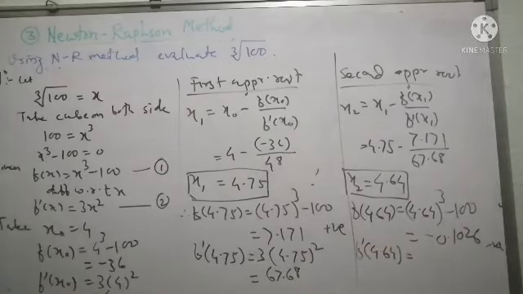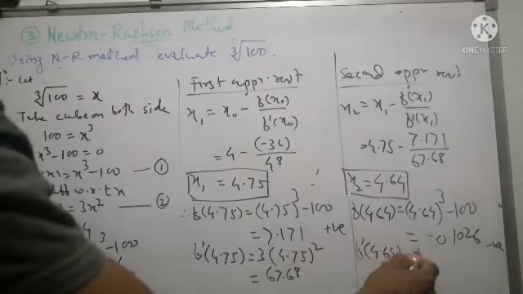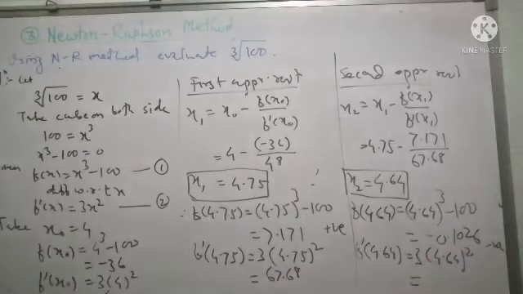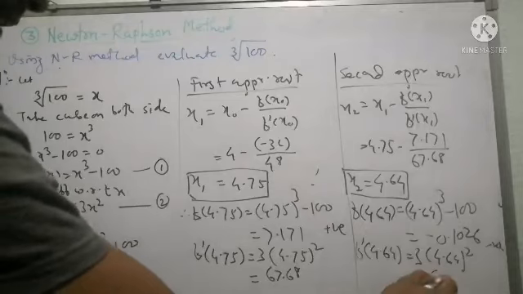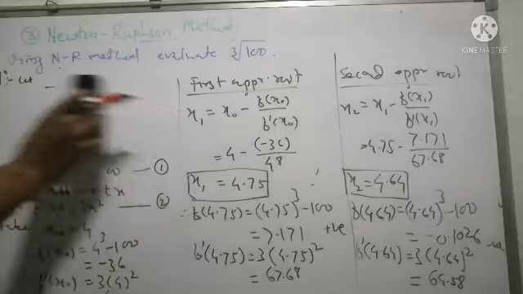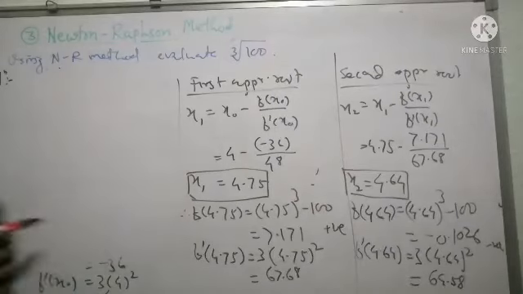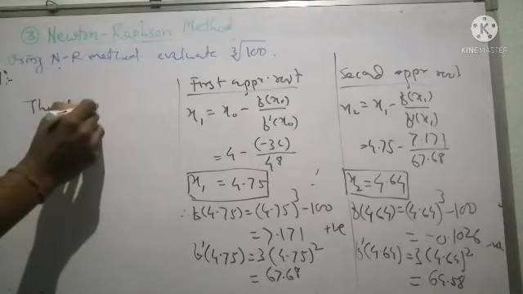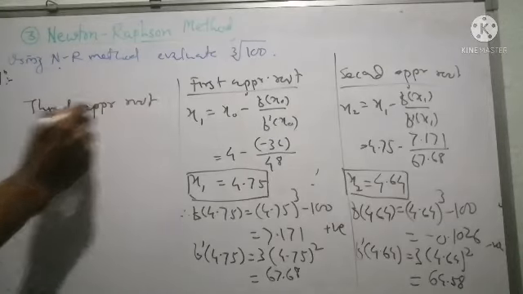By putting x as 4.64 in the right hand side of equation number 2, we get 3 into 4.64 bracket square. By calculating this using a calculator, we get 64.58. By using the values of x2, f of x2 and f dash x2, we evaluate the third approximate root x3.